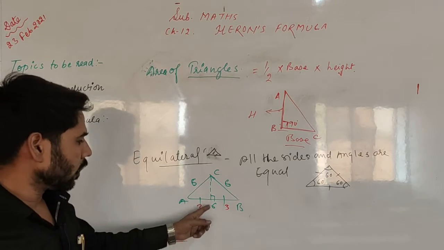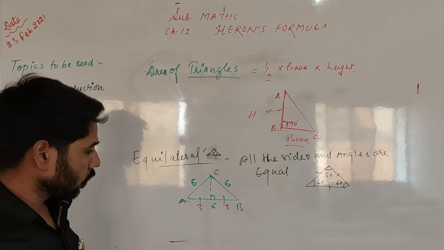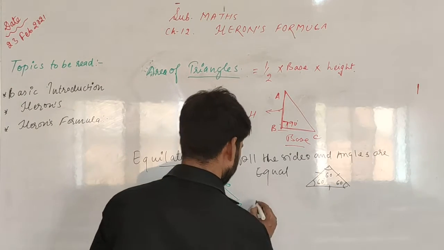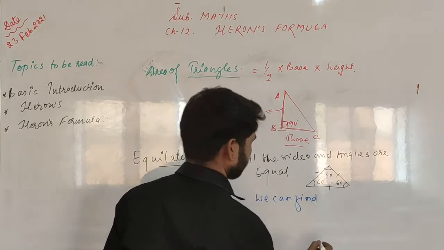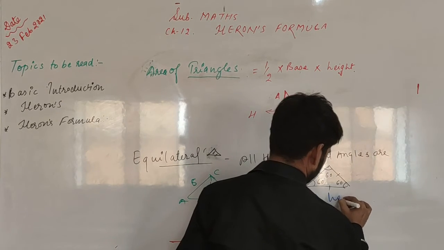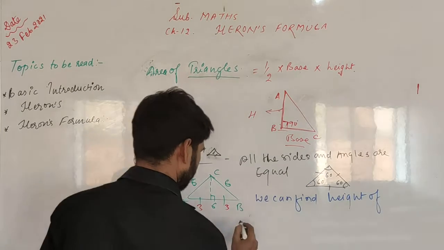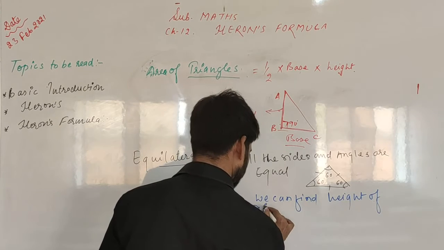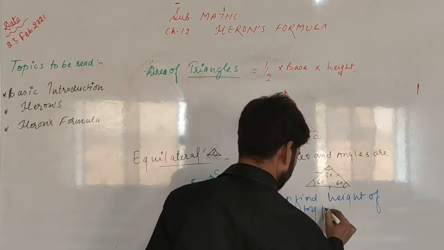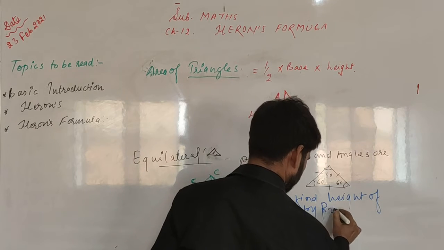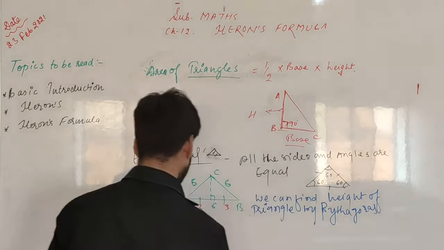So we can easily find the height of the equilateral triangle by using the Pythagoras theorem.